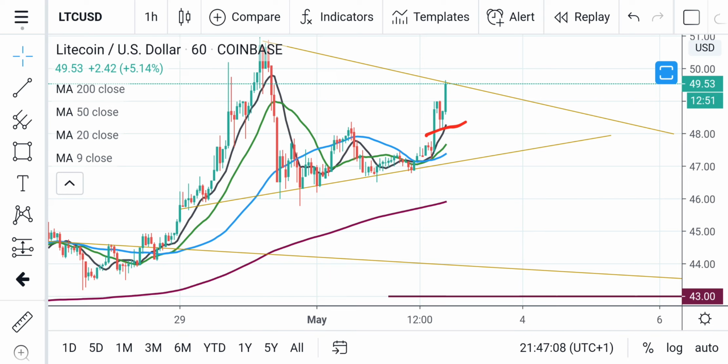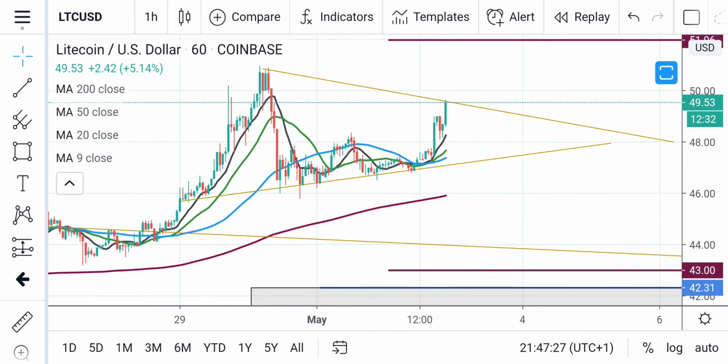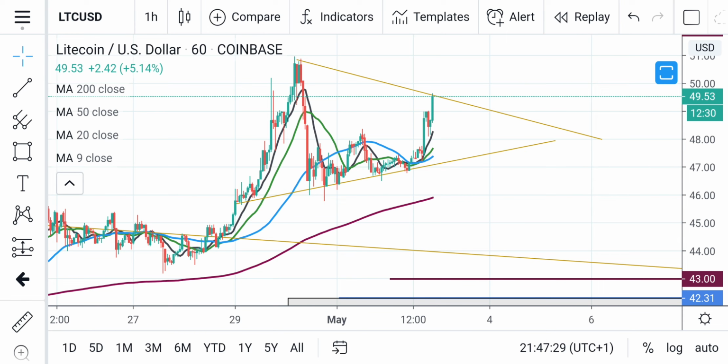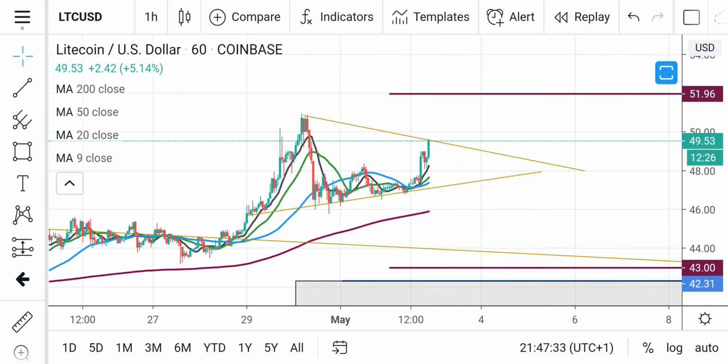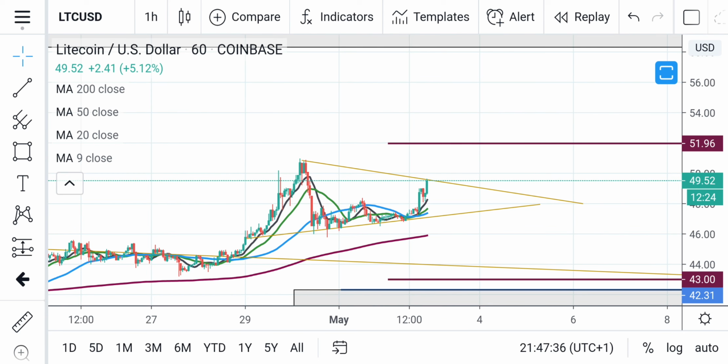So what you can do, if you want to take this trade now, you can look to go long. For me, I'll go long and put my stop loss somewhere here. Or if I want to follow the trade for a long time, I put my stop loss here. If you enter here, you can look to take profits around here.